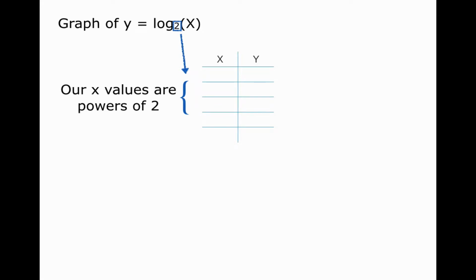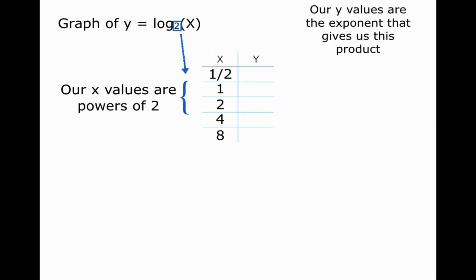So if we wanted to graph the function y equals log 2 of x, we first realize again that these x values are powers of 2. All right? So powers of 2 are 1/2, 1, 2, 4, 8, right? And our y values are the exponents that give us this product. So 2 to the negative 1 gives us 1/2, so our y value is negative 1.